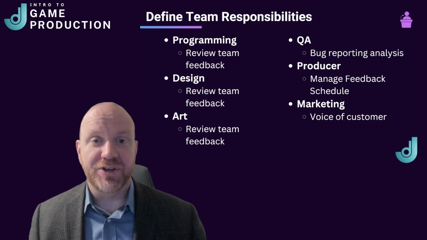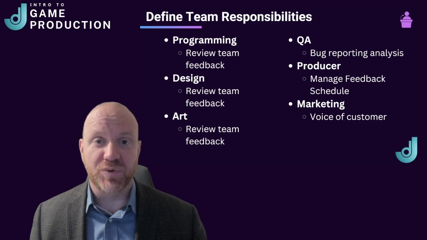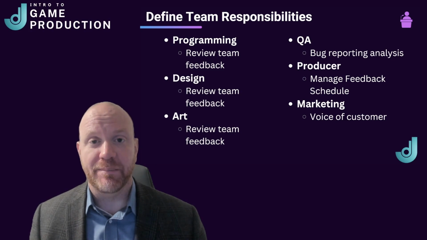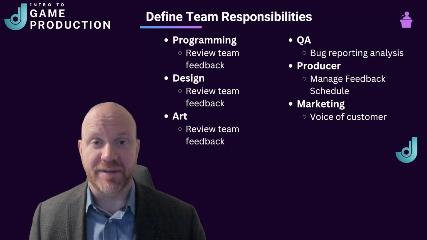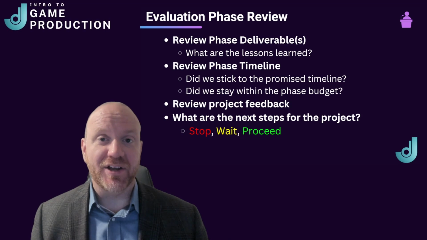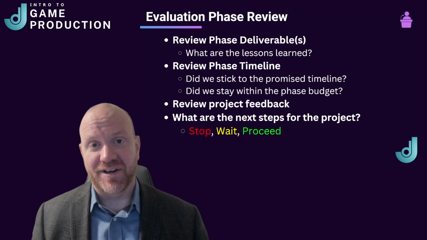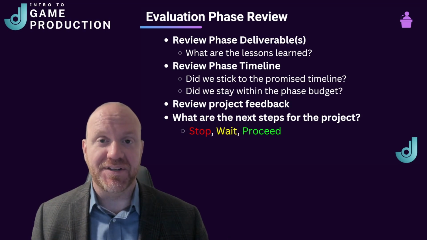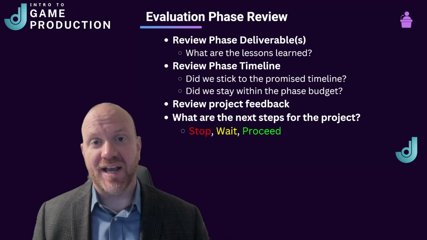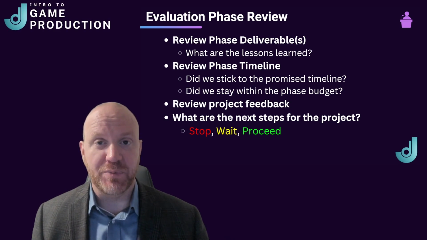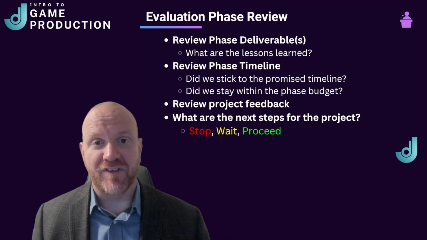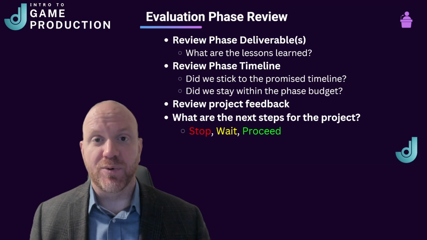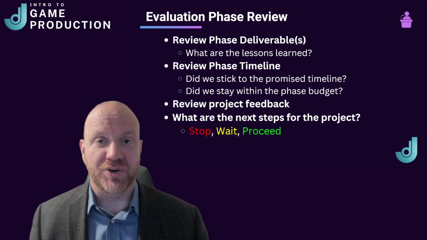As a producer, you want to manage the feedback schedule and ensure that all the data is being passed appropriately between the teams. And like I said, the evaluation phase may have a defined end to it where you're putting all the data together to review it as part of an evaluation phase review meeting. And this would be a chance to invite investors and management to review the data and provide additional inputs.